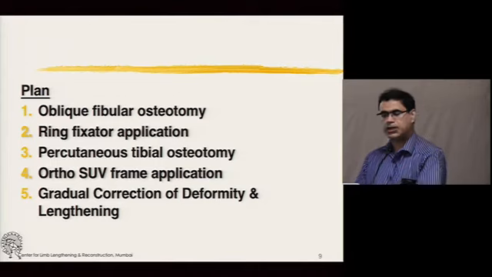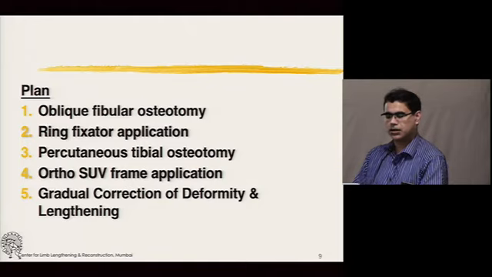So oblique fibular osteotomy, application of the Elizarov fixator. We did a percutaneous tibial osteotomy. We used a Sixaxis system to do the gradual correction, because while planning, we were planning an osteotomy at a slightly higher level.